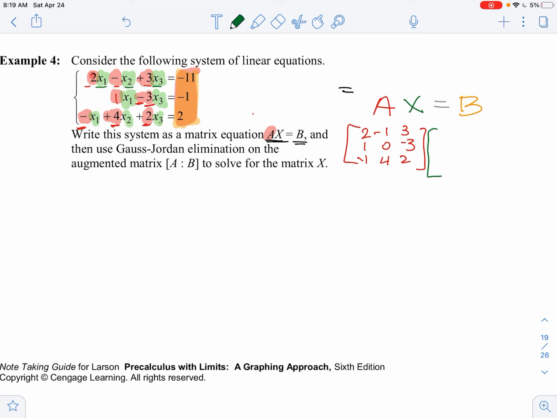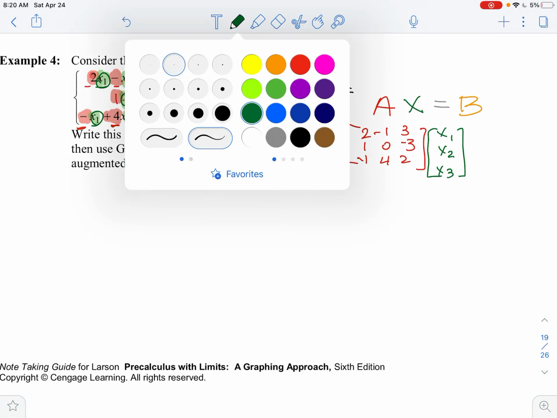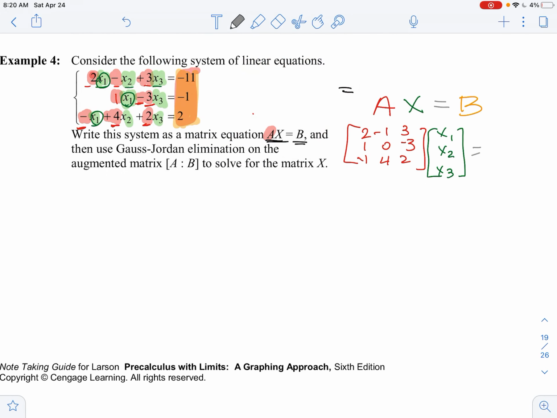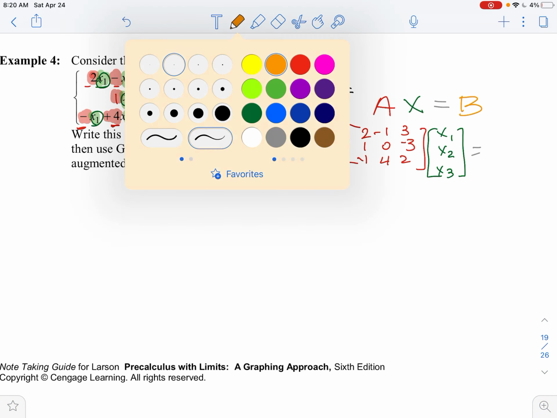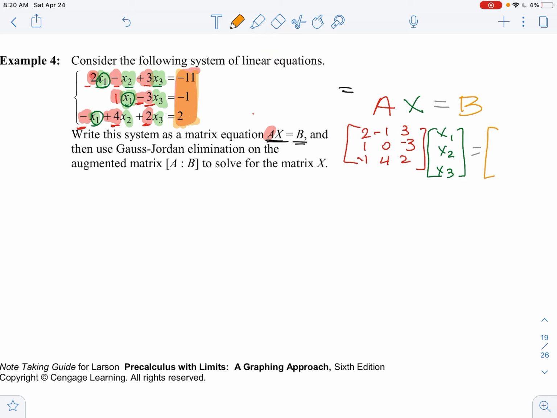And we see x1 is here, so we know that's a column. And then our last one is our B matrix, which is also a column matrix, -11, -1, and 2.